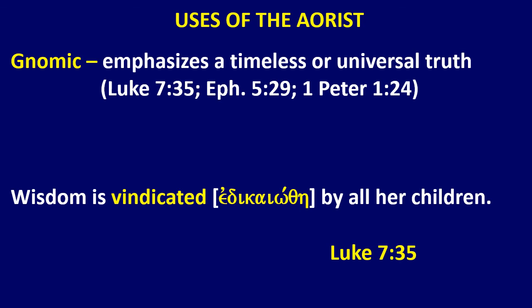And by the way, it's interesting that in this particular verse here, the word for vindicated in its root form, edikaiothe, the root word is dikaioo, from which we get I justify, or the verb that occurs in Romans and Galatians quite frequently to refer to our first tense of justification or salvation, meaning justification.